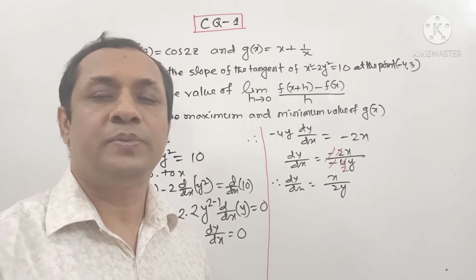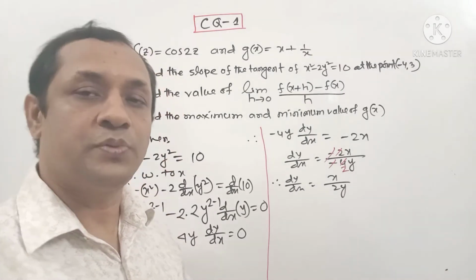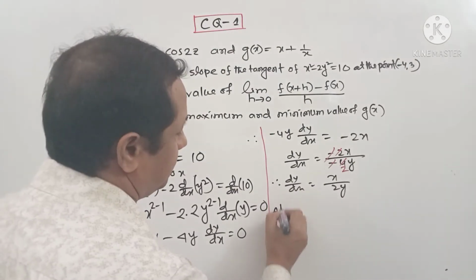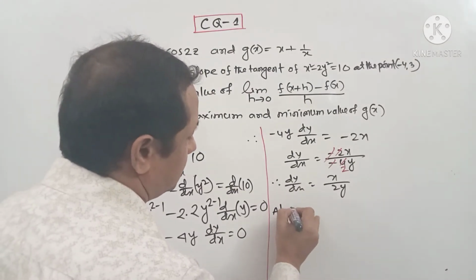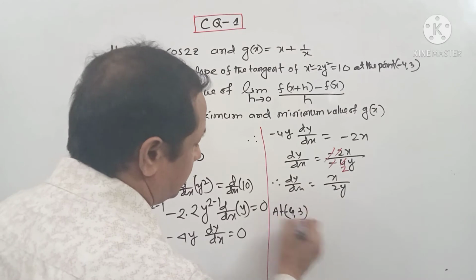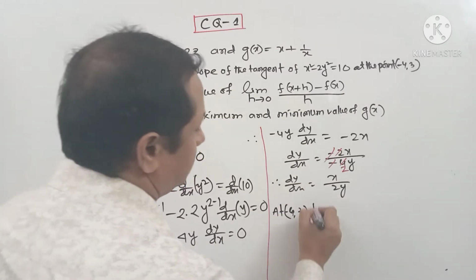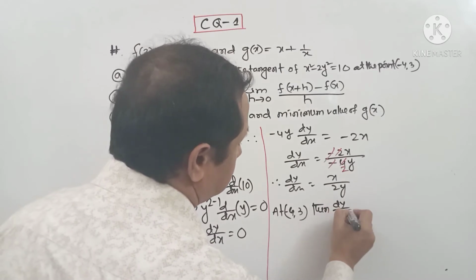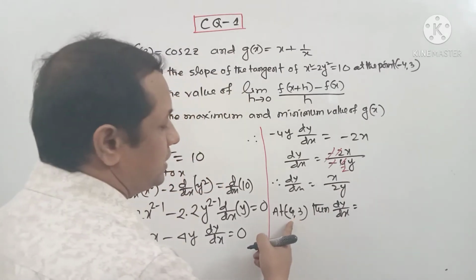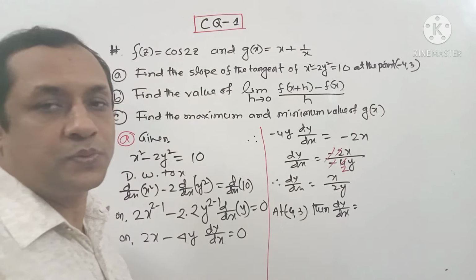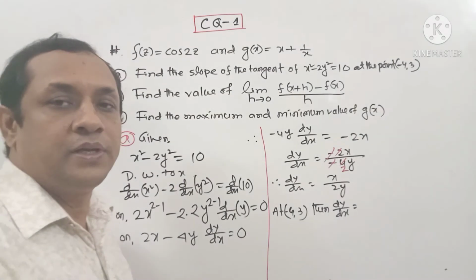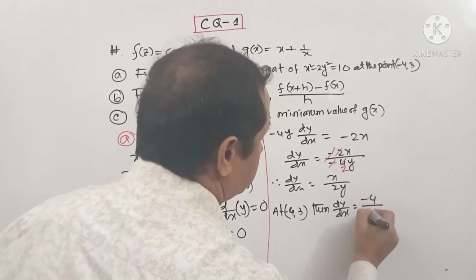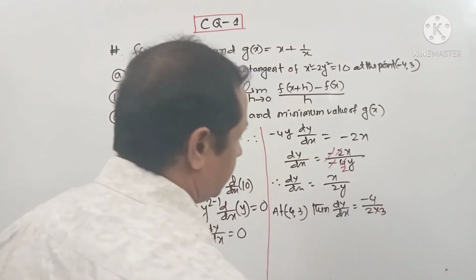Then find the slope at the point (-4, 3). So at the point (-4, 3), dy dx equals, putting the value of x equals minus 4 and y equals 3, minus 4 by 2 into 3.